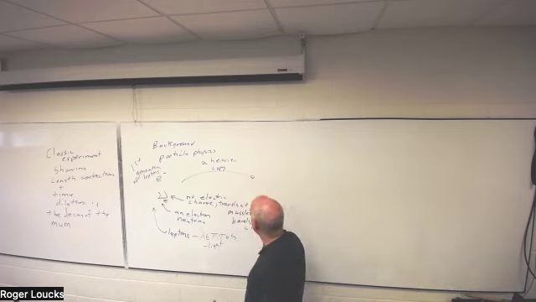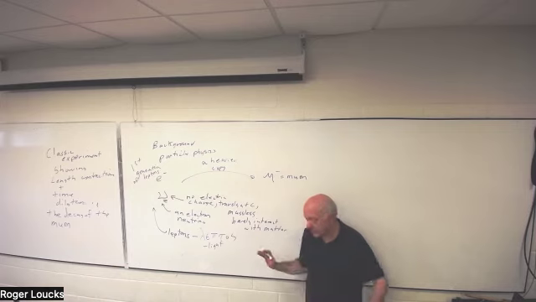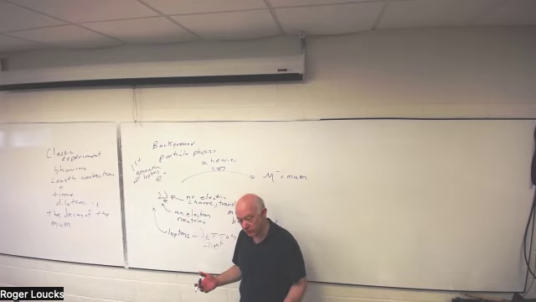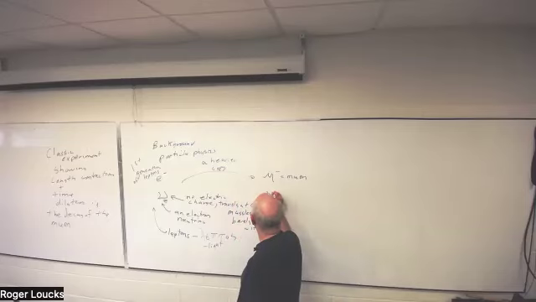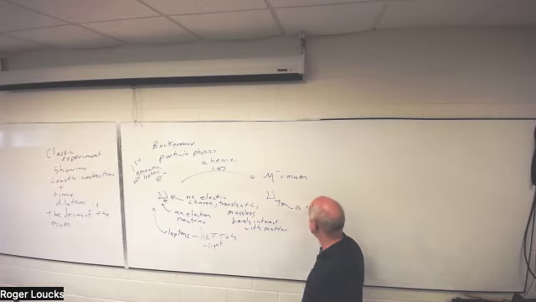And the heavy electron is called a muon. So this is a muon. It acts just like an electron, except it's heavier. And then correspondingly, there's another version of a neutrino called a muon neutrino. So we call this nu, and we put a little mu here. This is a muon neutrino.